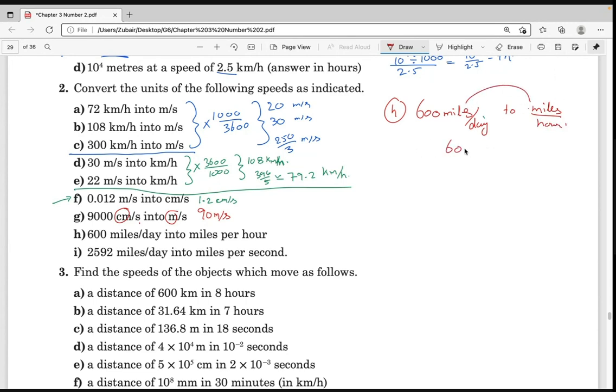See, numerator is same. We don't have to change that. That is still miles. And from days to hours, this goes 24. And 600 by 24 is 25 miles per hour.